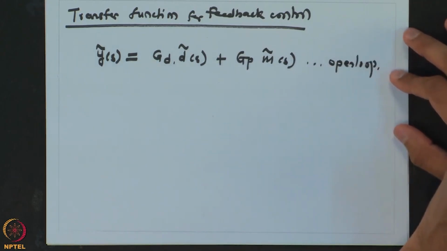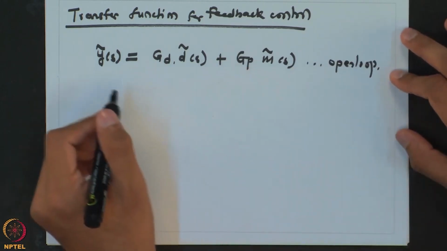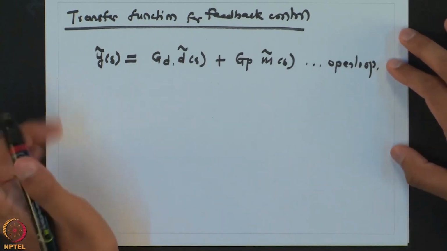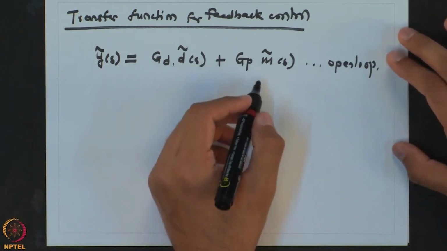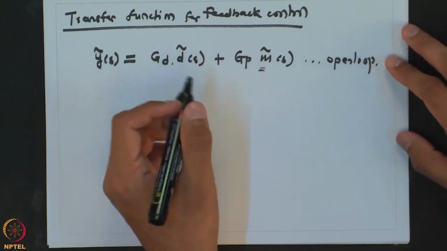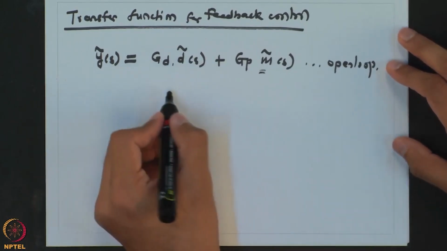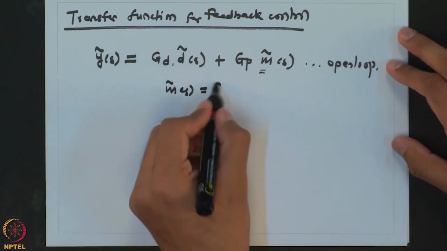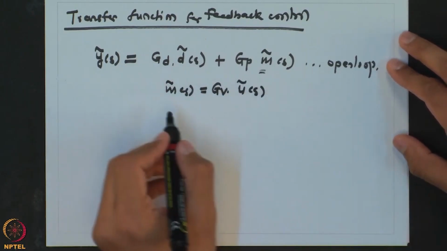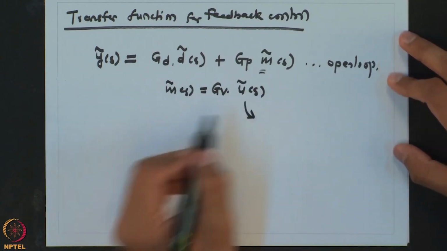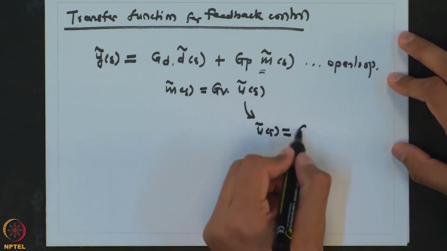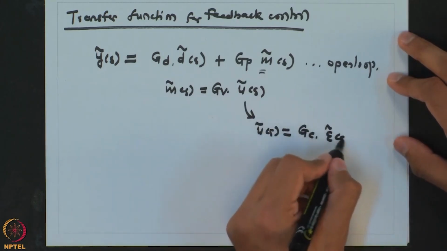And now, when we start about the feedback control, we will start adding additional things into this module. We can write that Ms is the output of the actuator. So, we will be representing Ms as Gv times Us, and then this Us is the output of the controller. So, Us is equal to Gc times epsilon s.